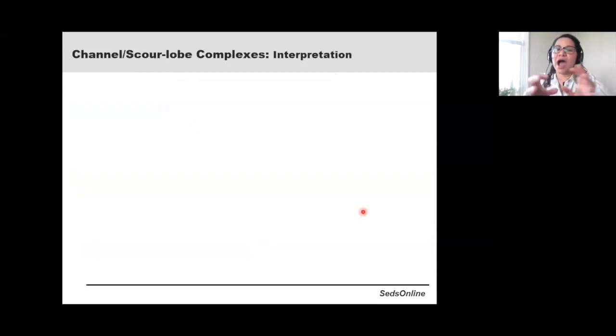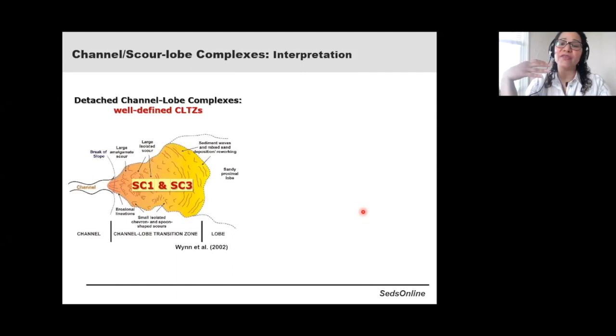So at the end, how do we put all of this together? What's going on here? This is where we have to step back, and what we interpret is that we have two different scenarios. We think the lower complex and the upper complex are comparable to a detached channel-lobe complex, where the CLTZ was well formed.